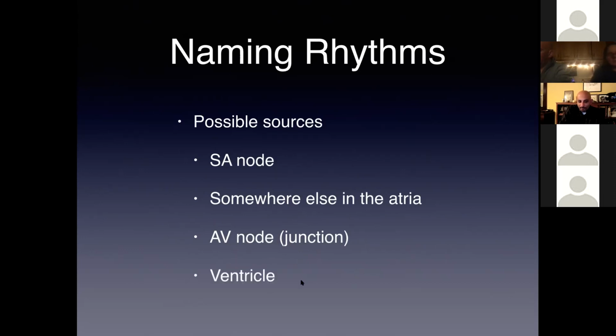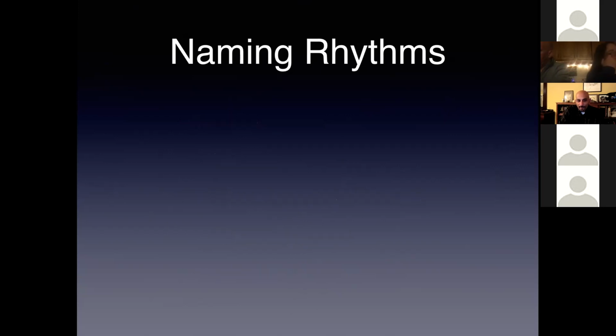Or the rhythm can come from the ventricle, and so we call that a ventricular rhythm. So these are essentially the four places where a rhythm can come from in the heart. And if you think about it, every rhythm that we know about has a name that corresponds to one of these sources of the rhythm in the heart.